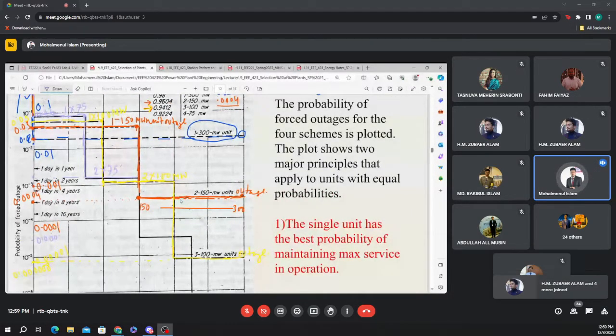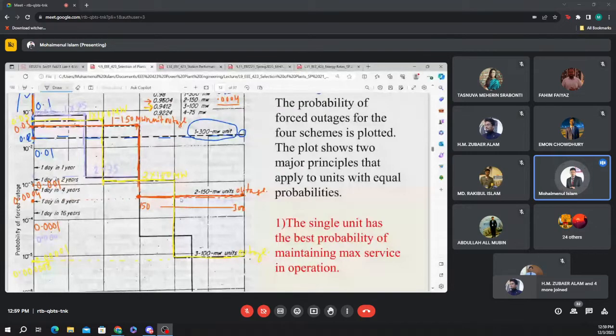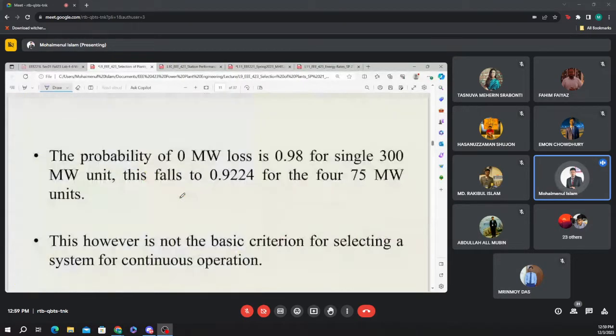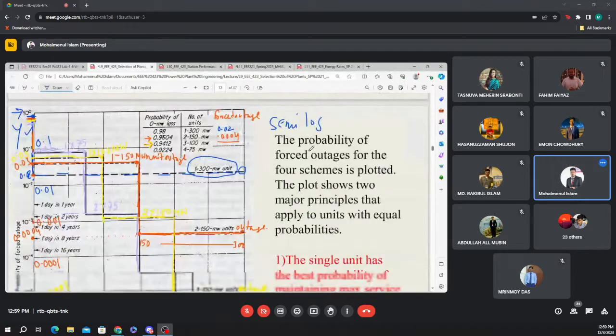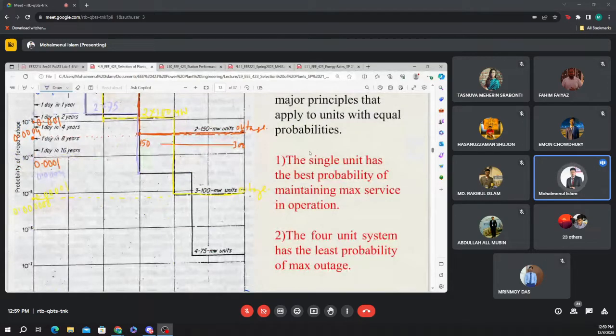So this is 2 into 75 and the value is 0.0004, maybe 4 here. So it is up to this. So you need to connect the line up to 0.0004, and the final value is 0.0000016. That means it is between 0.000001 and 0.00001.